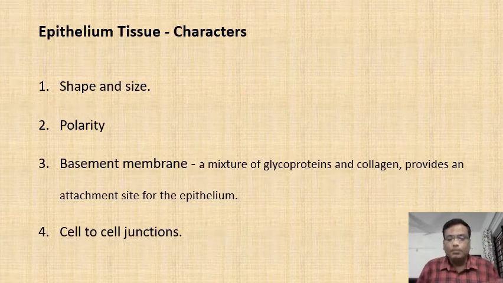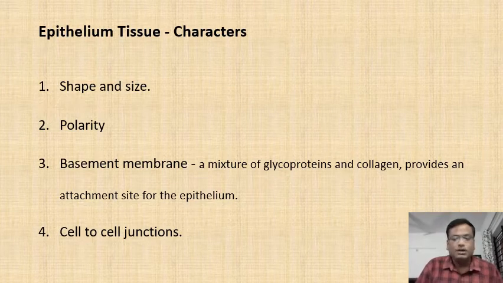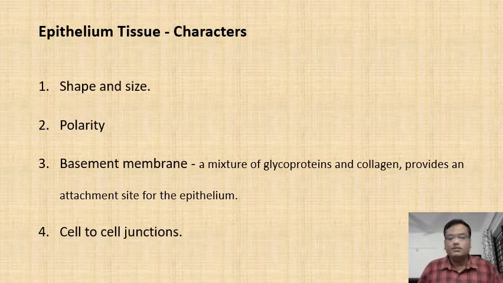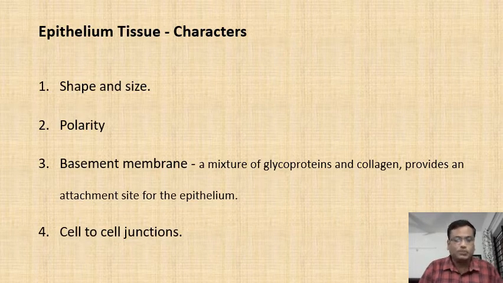This mixture of glycoproteins and collagen forms like a cementing substance on which the cells are situated, and this basement membrane forms an attachment site for the epithelial cells and epithelium tissue in general. Okay, and that is a very important character of epithelial tissue.